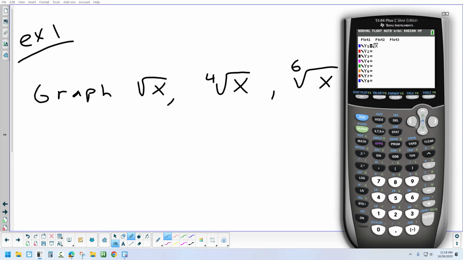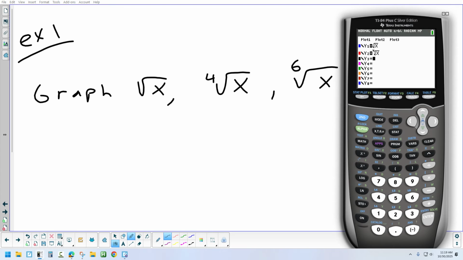For the 4th root, you type the index first, 4, then press math, and go to the 5th option down, which is xth root. Whatever number you typed before, it fills in for the x. That's how you do the 4th root.